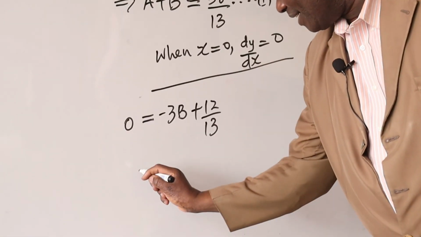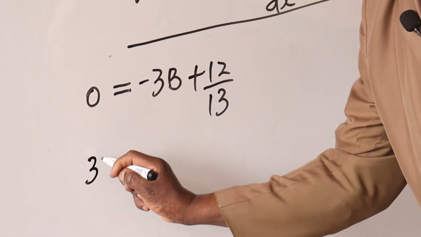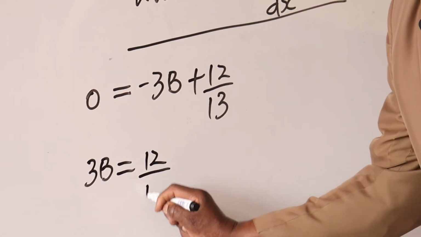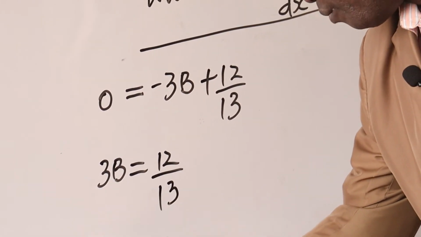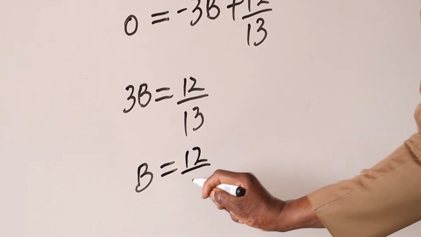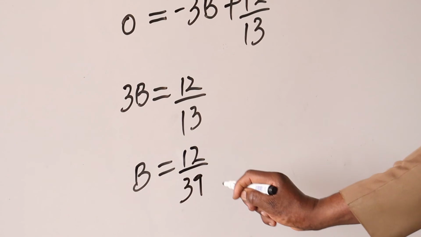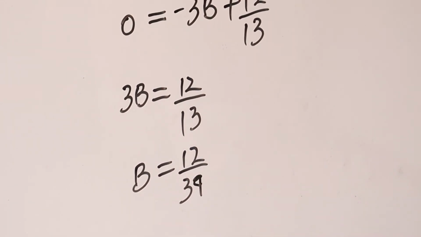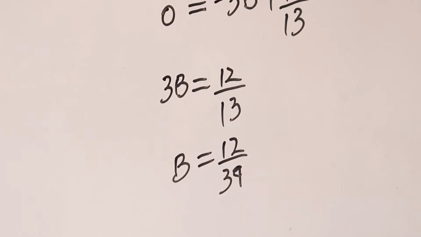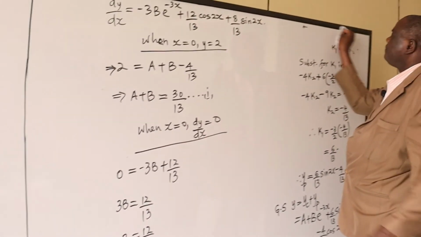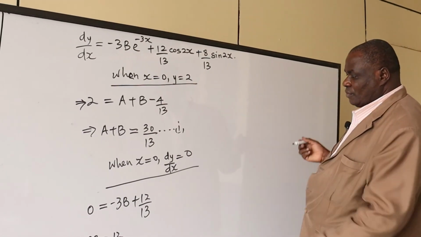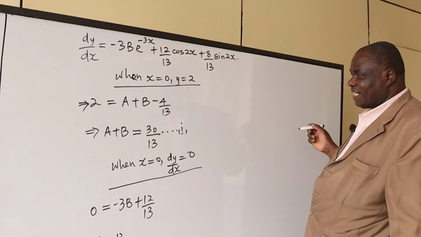So 3b is equal to 12 over 13. Therefore b is equal to 12 all over 39.